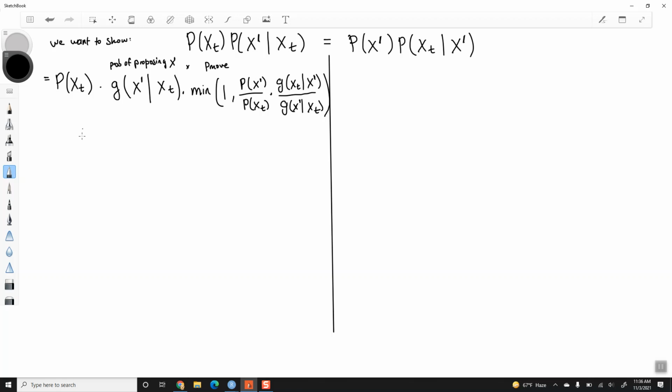Okay, and so what I'm going to do in the next step is distribute g of x prime given xt through the min function.